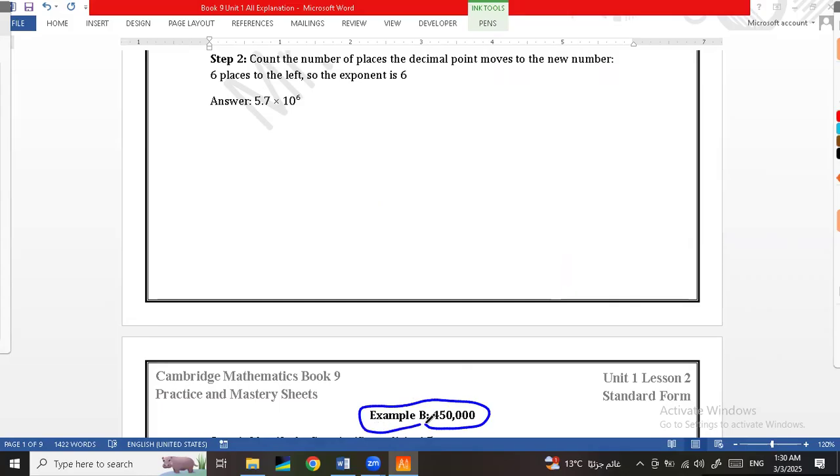How can we do that? The first thing, I need a number that is between 1 and 10: 4.5. We multiply by 10 to the power of something. Did I make this number smaller or bigger? Exactly, I made it way smaller.